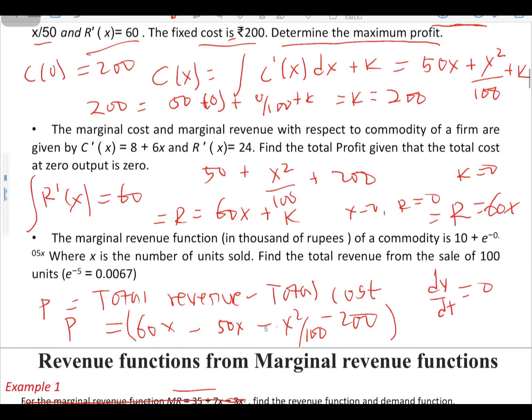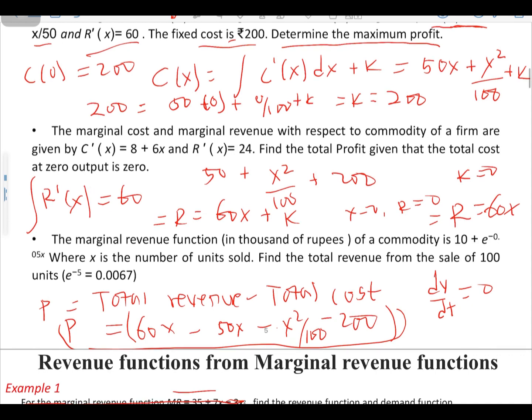So what we need to do is differentiate this whole total profit. Whatever you get, let me erase this and then do it here.